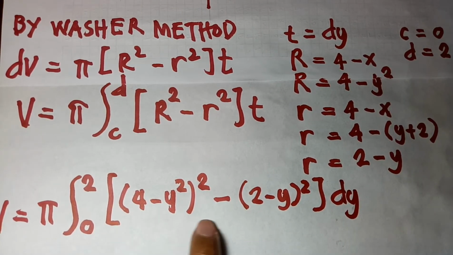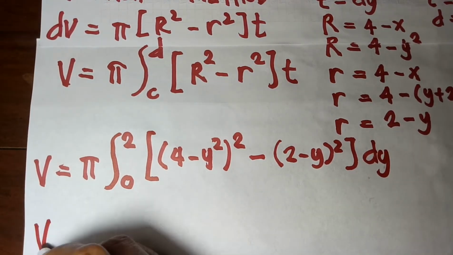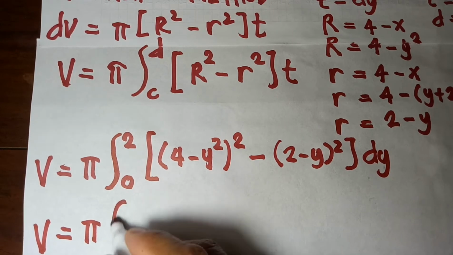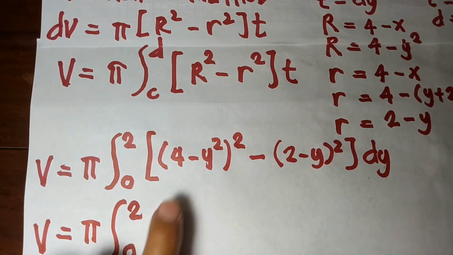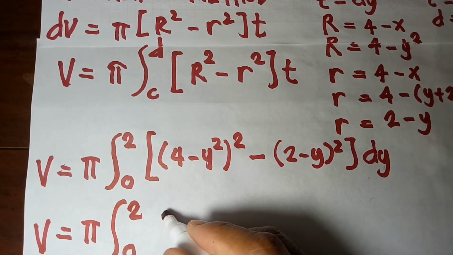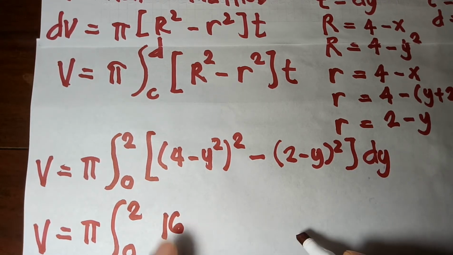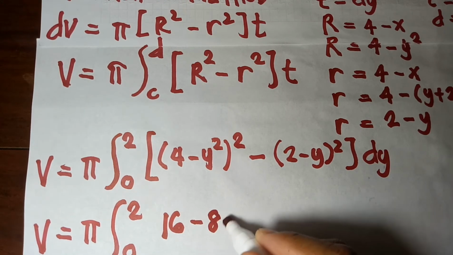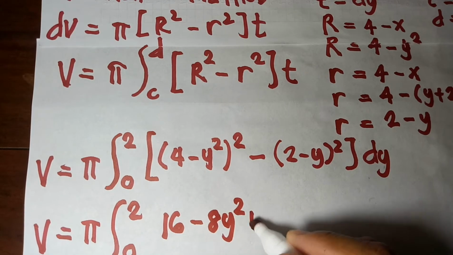Kaya ngayon, expand natin yung ating integrand. So meron tayong volume equals pi and then integral from 0 to 2. 4 squared ay 16. So nagkakaroon tayo ng 16, and then minus 8y squared, and then plus y to the 4th.